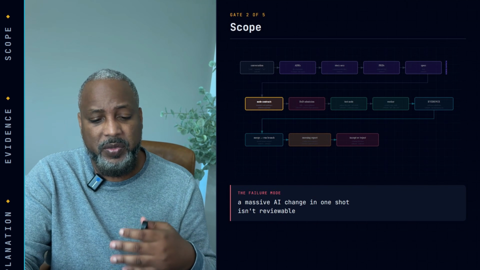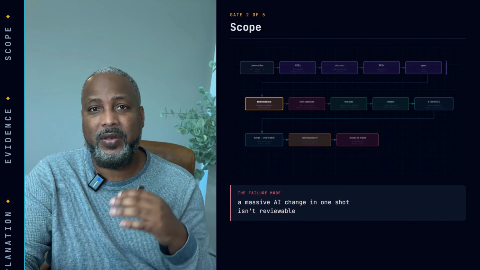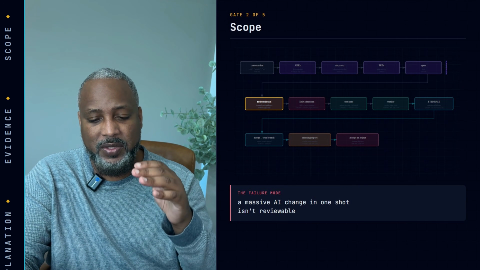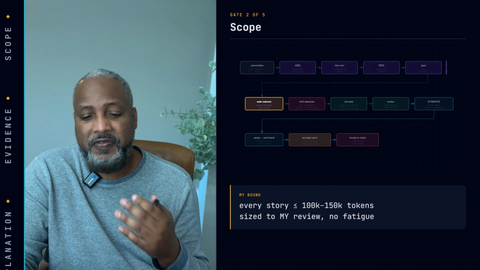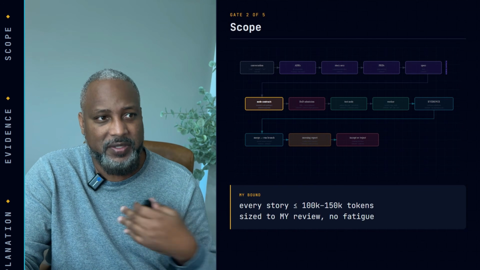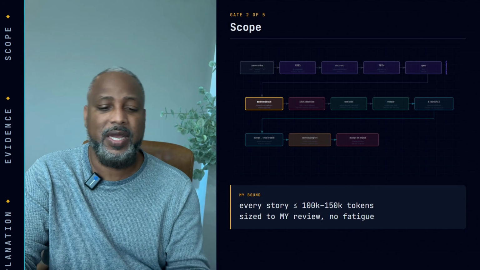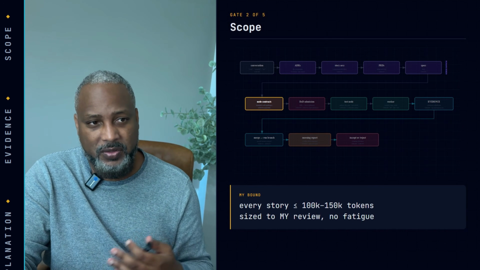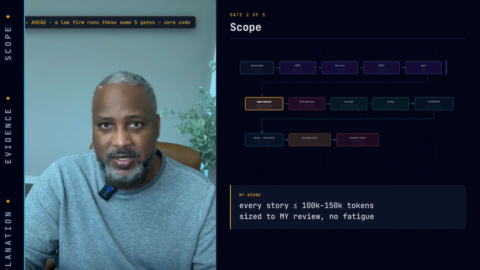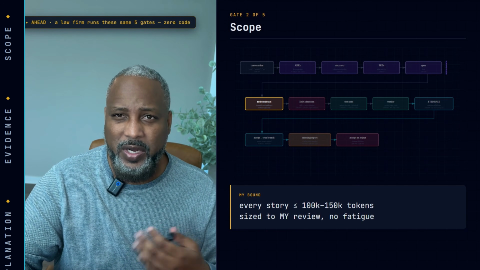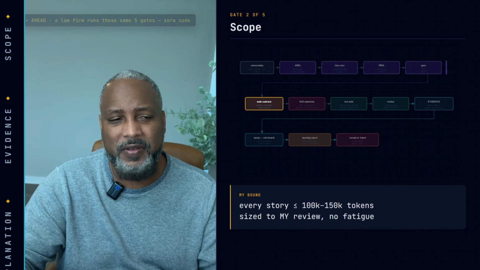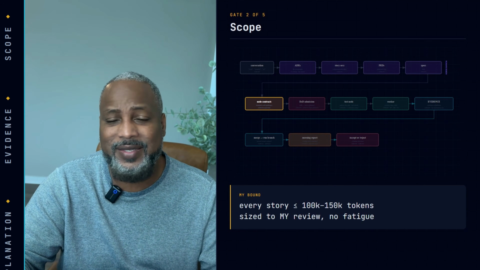Every story becomes a bounded work contract, and the contract itself caps the work at what can be done in a few 100,000 tokens. This came from my experience. I figured out the best way to figure out scope is to bound it by the number of tokens, because around 100,000 to 150,000 tokens is where I can review stuff without decision fatigue.